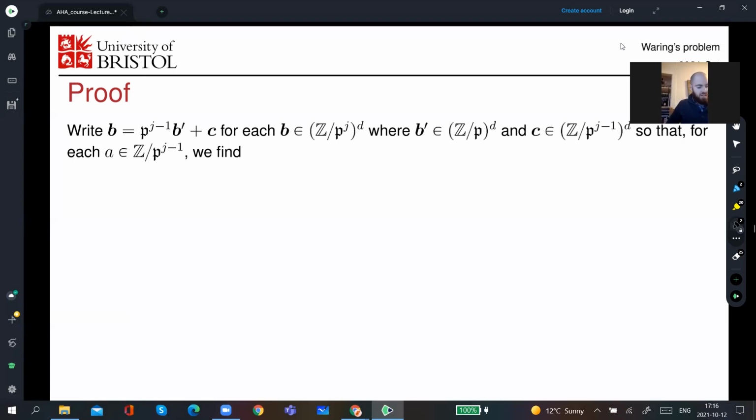I take each of these vectors b, and I write it as a factor of p to the j minus 1 times some other vector b prime, plus some remainder term c. So that other vector b prime is now a vector inside of z mod p in d dimensions, and the vector c is in z mod p to the j minus 1 in d directions.